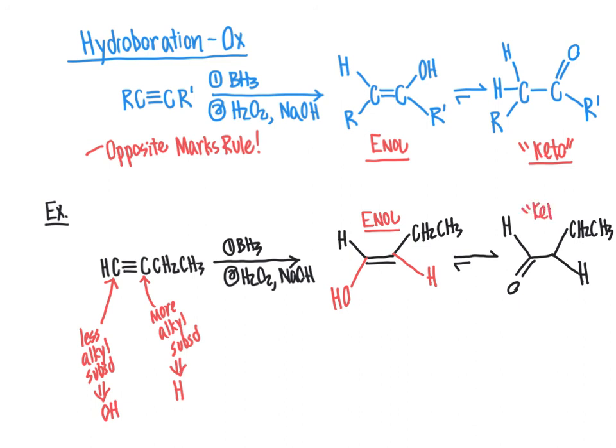So we've made our keto form here by taking the hydroxy group from the enol, converting it into a carbonyl, and the double bond that we started off with has become a single bond, and importantly, we have plugged hydrogen in there so that we have a complete octet in our so-called keto form, which in this case is actually an aldehyde functional group. We still call it that keto form, so don't let it confuse you in these reactions.